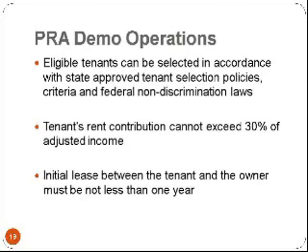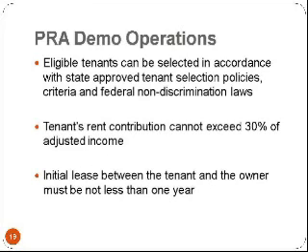The other eligibility criteria: the tenant's rent cannot exceed 30% of their adjusted income. So again, if people's sole income is Social Security or SSDI or zero income, those folks will be able to afford the units. Their income can't exceed 30% of area median income at time of program admittance.